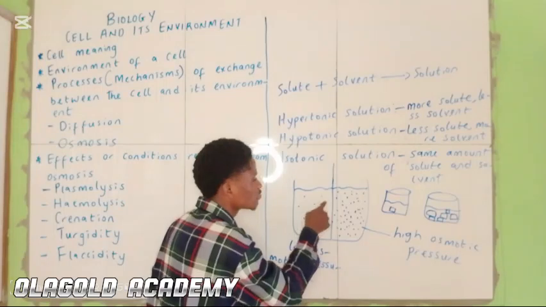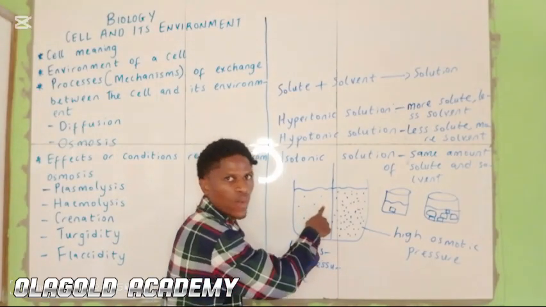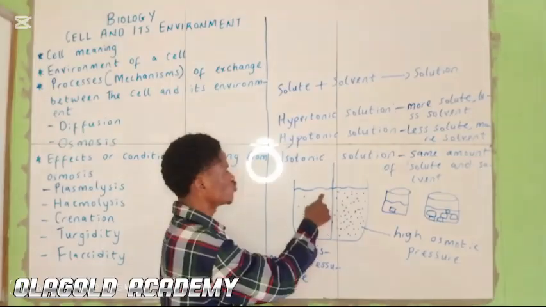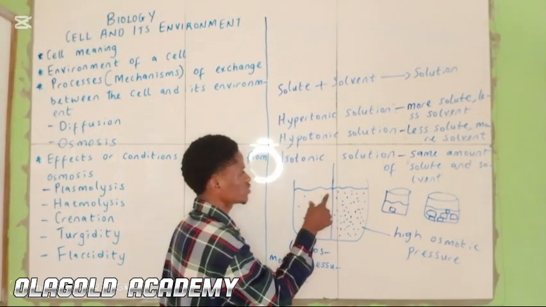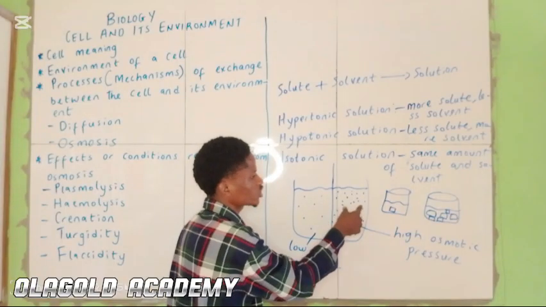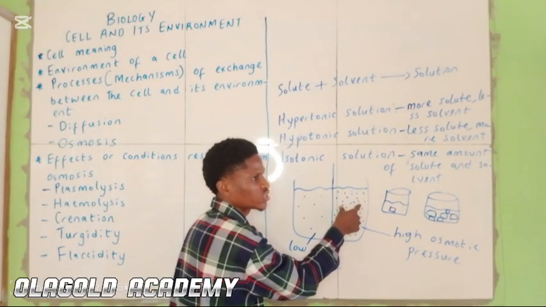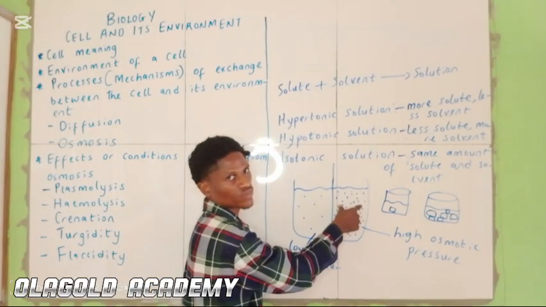So there is more concentration of water here. So what will happen? Water molecules will move from this place, the region of higher concentration, to where there are less water molecules, the region of lower concentration.